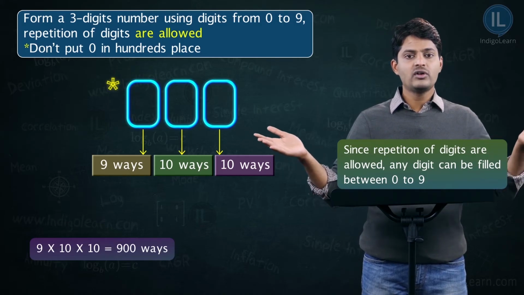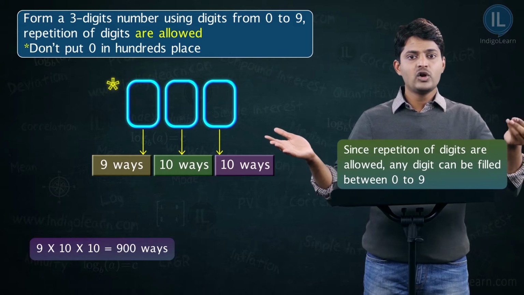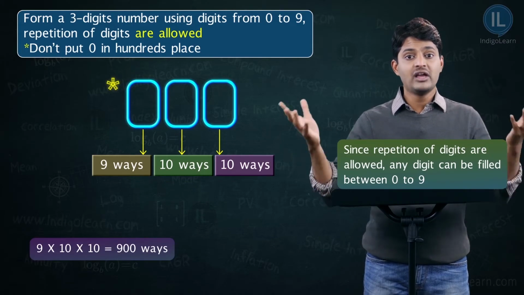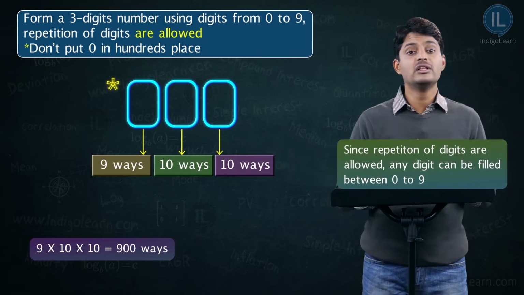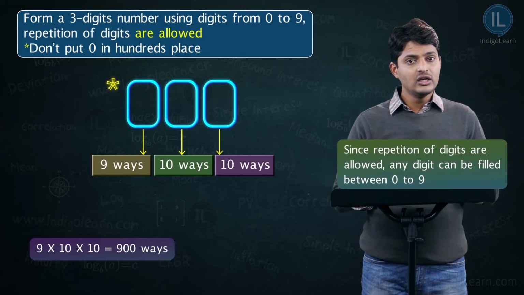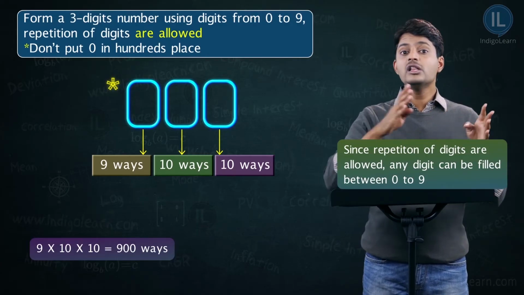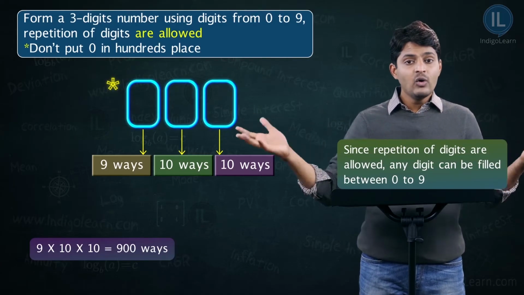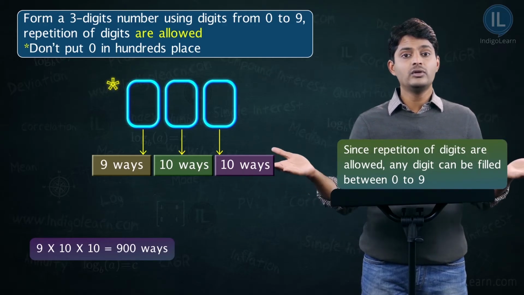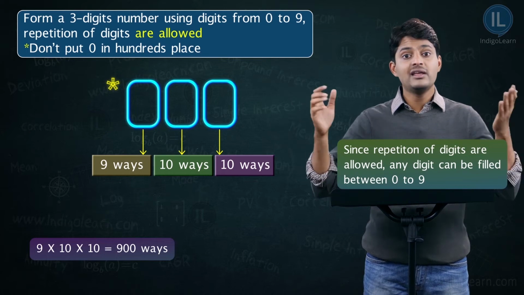If you try to count from 100, 101, 102 and so on up to 999, how many such 3-digit numbers are available, you will exactly find out there are 900 3-digit numbers, right? So you see, instead of counting all the numbers, we found out how many 3-digit numbers are possible in a very short form.